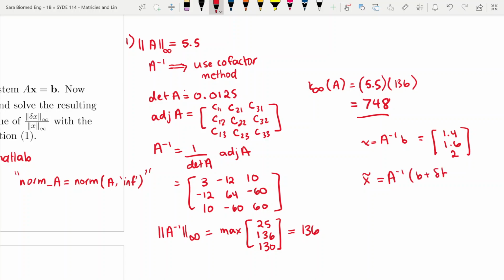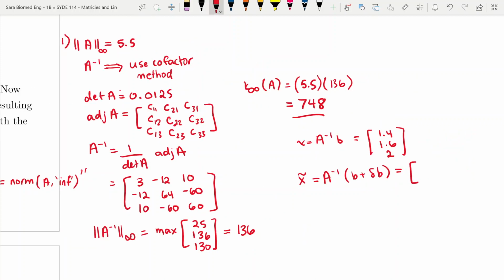If you compare this to the original results, it's actually pretty different, especially for the second and third entries. We have a quantitative measure of that difference.